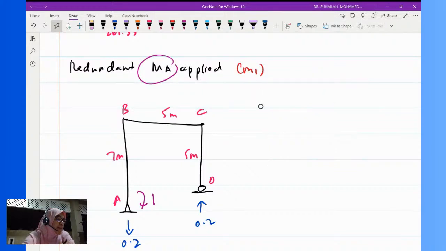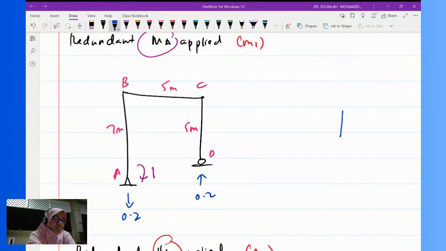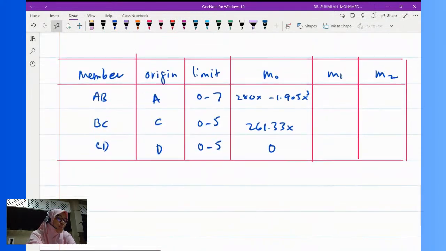For redundant MA applied, again for member CD. Member CD is just like this. This is M1 and M1 is 0.